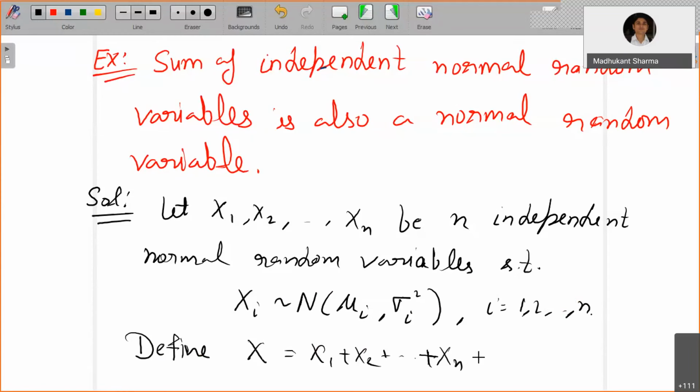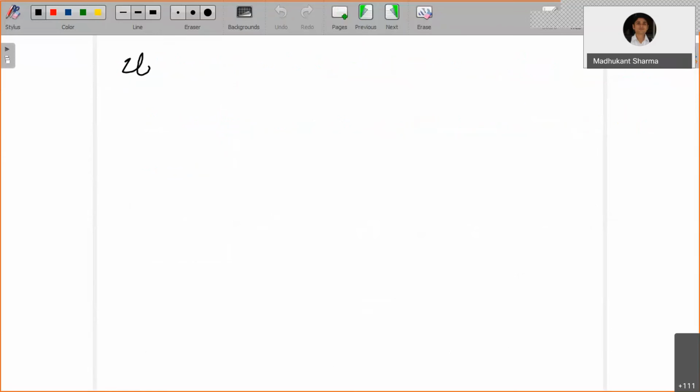So our claim is as follows: X follows a normal distribution with mean summation mu i, i equals 1 to n. And what will be the variance?